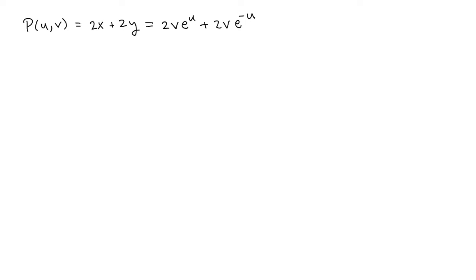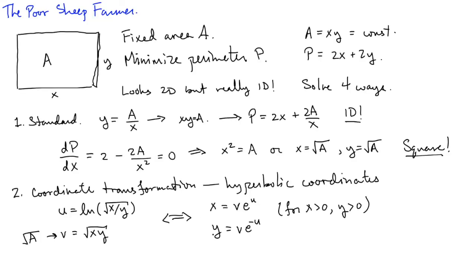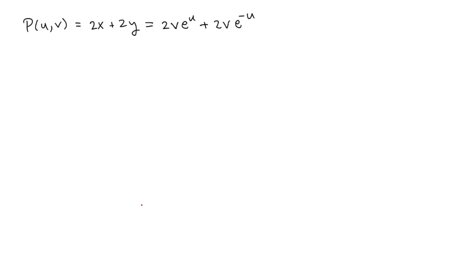That's just inserting these expressions into the perimeter expression. Now, if I were to try to draw a picture of what this P of u and v looks like, this is a little bit hard because it's a two-dimensional function, but I'm going to give it my best shot.